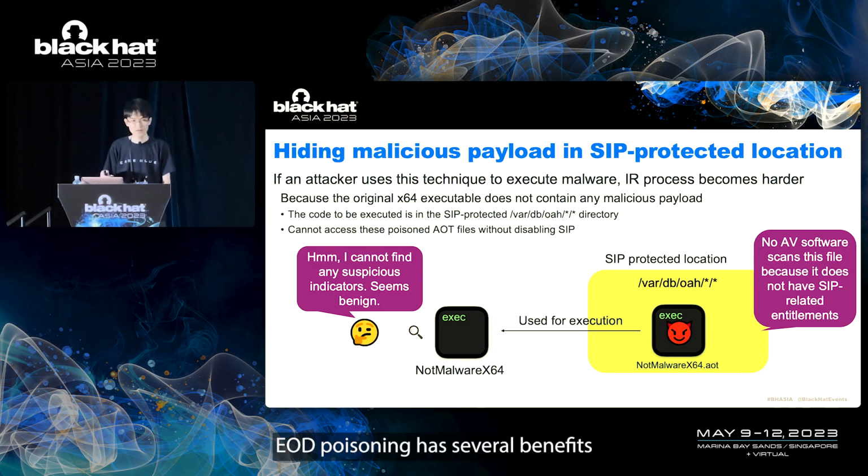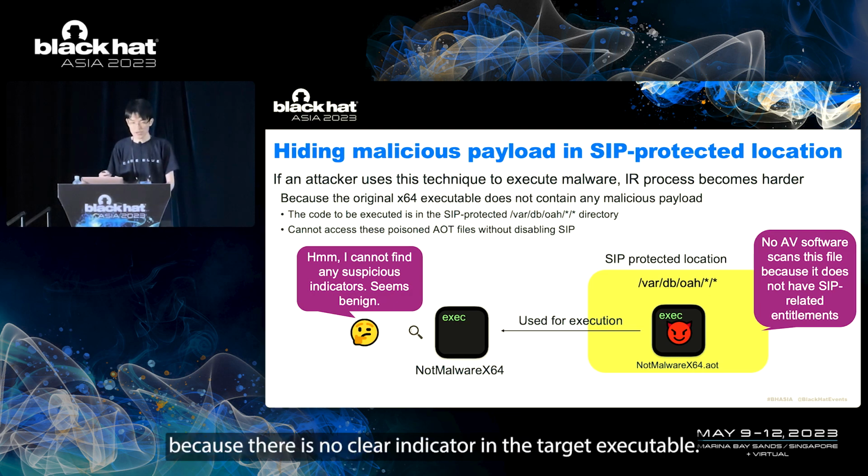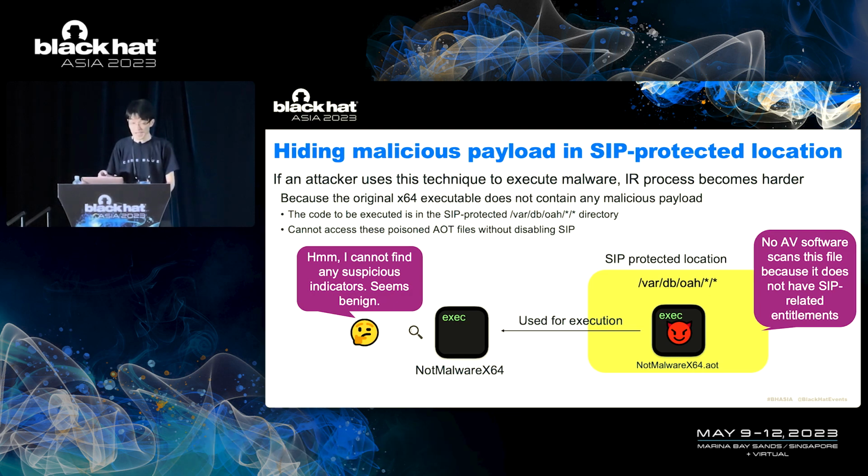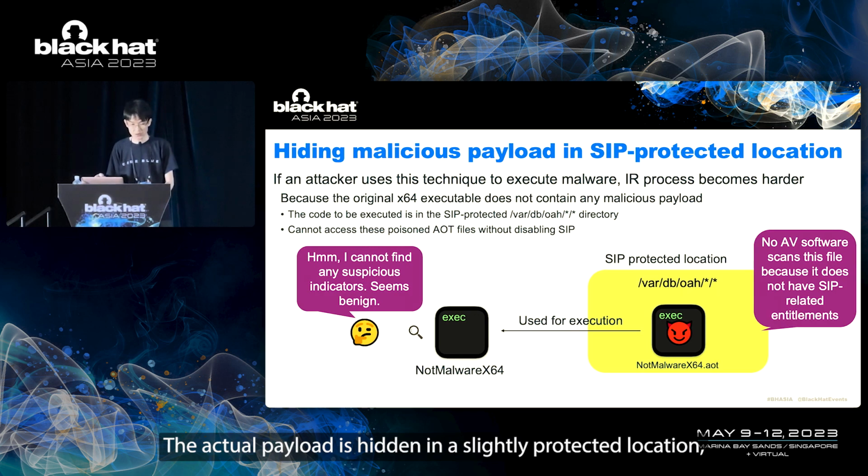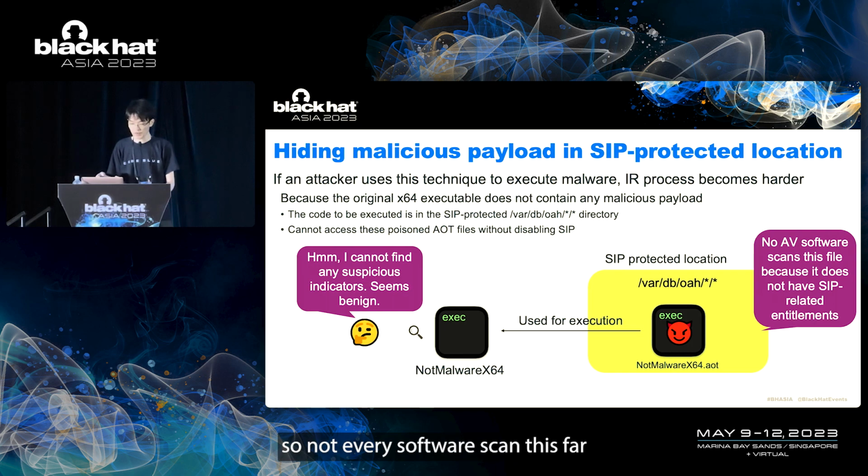AOT poisoning has several benefits for an attacker to execute malware. First, an attacker can hide the malicious payload in a SIP-protected location. So it is hard to investigate the attack in the incident response phase because there is no clear indicator in the target executable. The actual payload is hidden in the SIP-protected location, so no AV software scans this file, even macOS built-in XProtect.